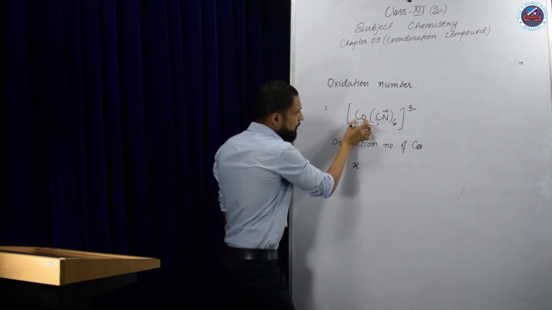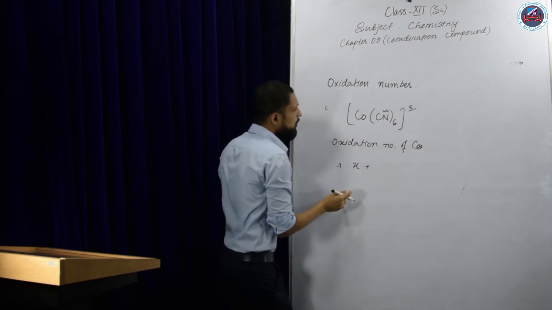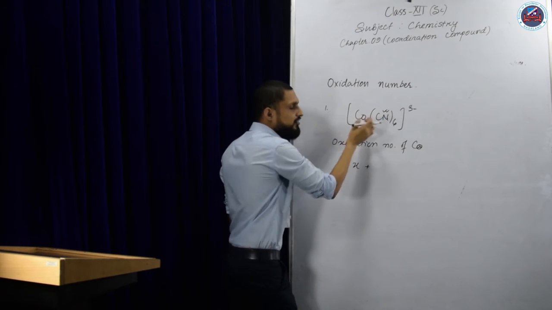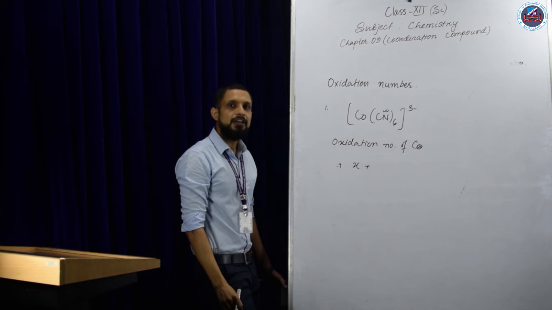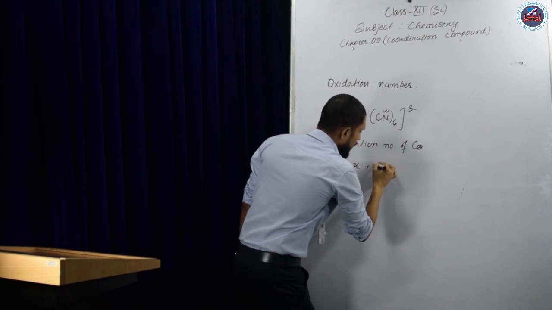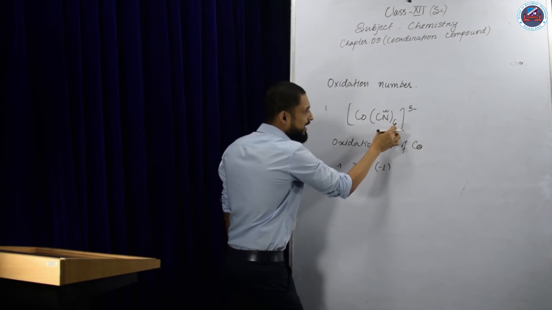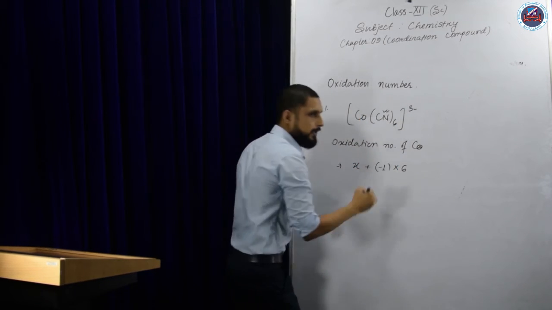So the oxidation number of cobalt, let it be X, plus. Next is CN, and we know CN carries a -1 charge. So we'll write here -1. And you have a total of 6 CN, so -1 multiplied by 6.